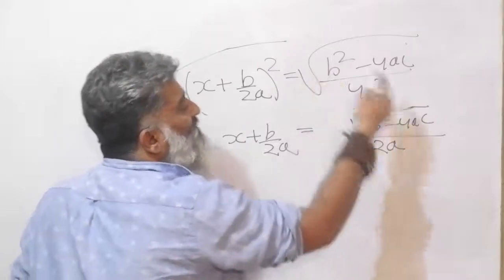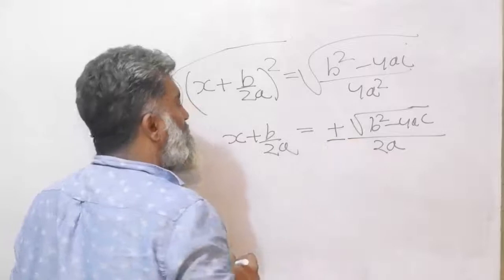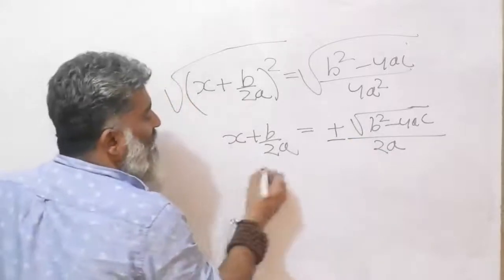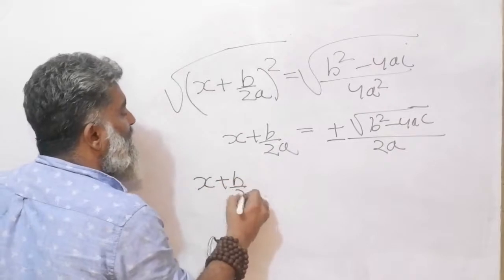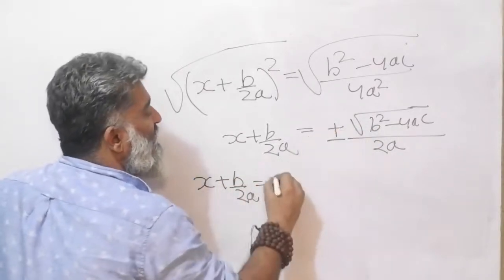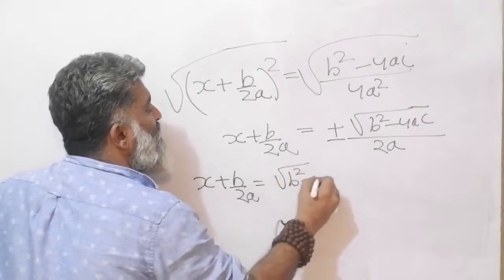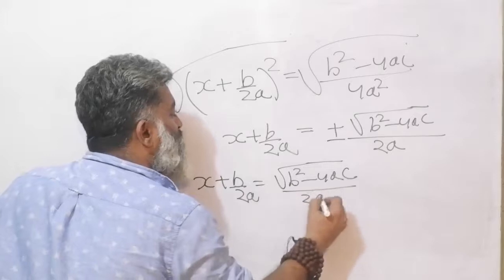And remember, because you are finding a square root, this could be a plus or a minus. And therefore, you have to create two situations. x plus b by 2a is equal to, let's say, go for the positive situation. That means equal to root of b square minus 4ac upon 2a.